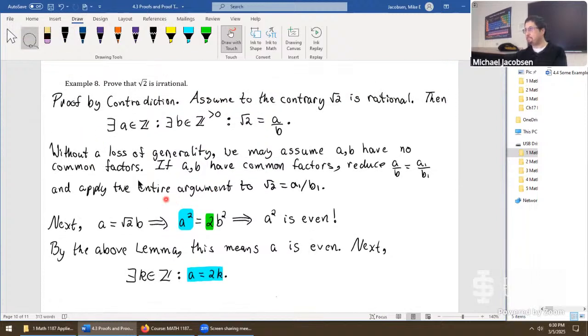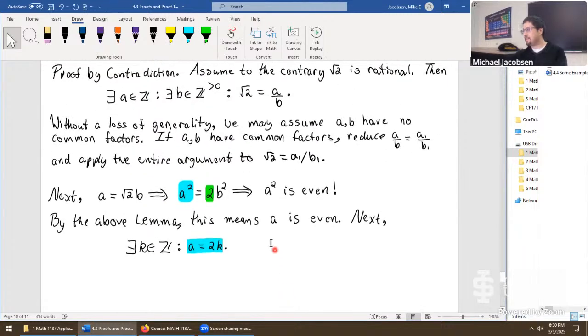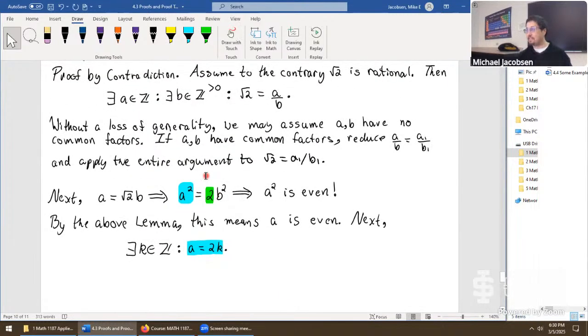First, let me make sure I have enough space to finalize this. Okay, we're going to reuse this equation, derive our contradiction at this step. So we said next, there exists a k such that a is equal to 2k.